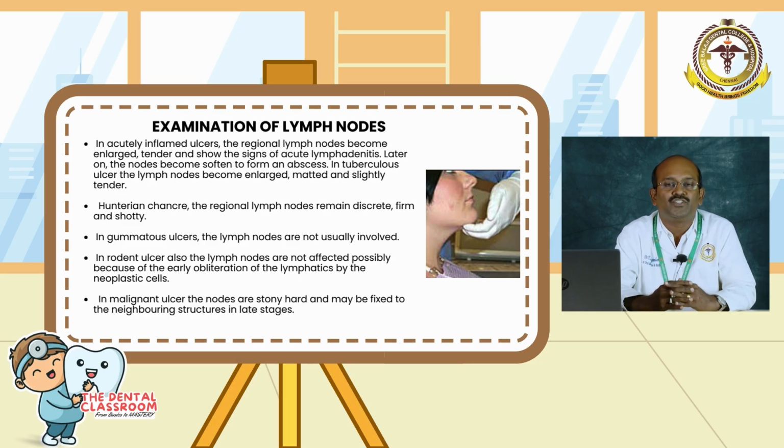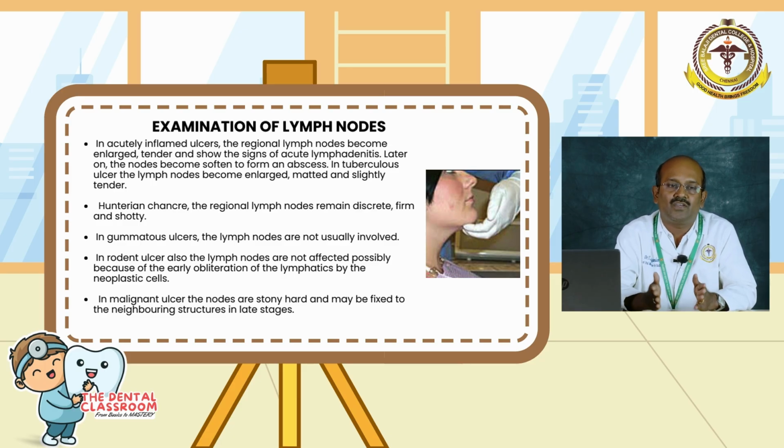In case of tuberculosis, you get to see soft and matted lymph nodes. In Hunterian chancre, in case of syphilis, you get to see firm, shotty lymph nodes. And then the last is the malignant lymph nodes, which are fixed to the underlying structures, and will be stony hard or bony hard in consistency.